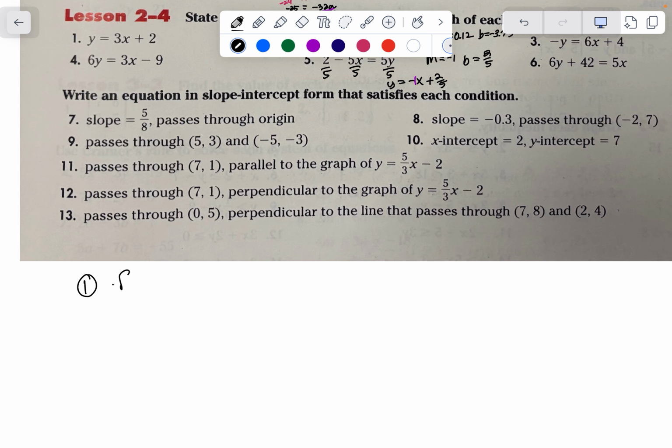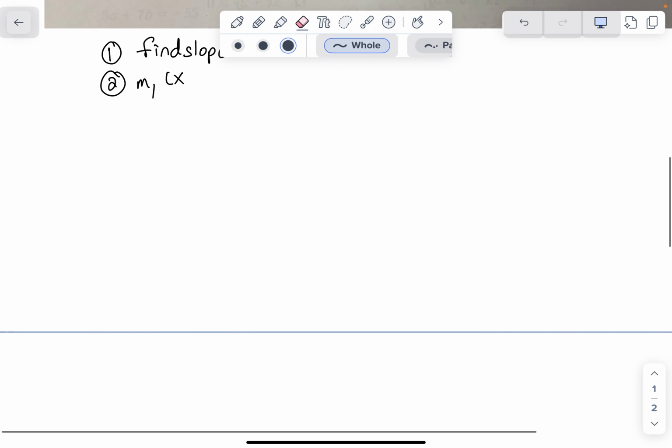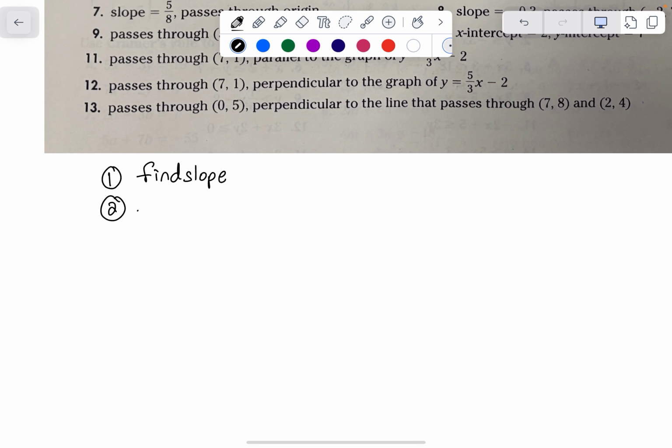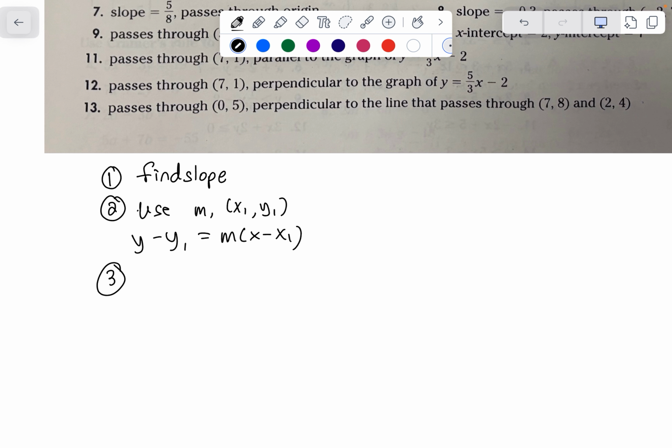The second step is you're going to use your slope and your point to plug into y minus y1 equals m times x minus x1. And lastly, you want to solve for y. And that's what you do every time.